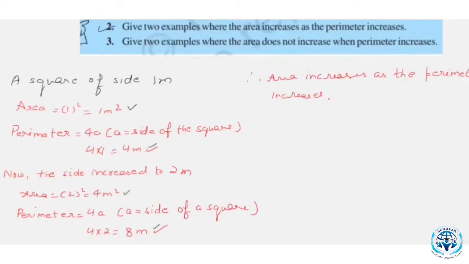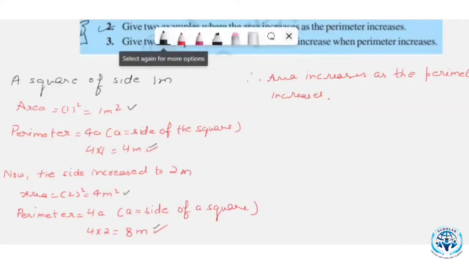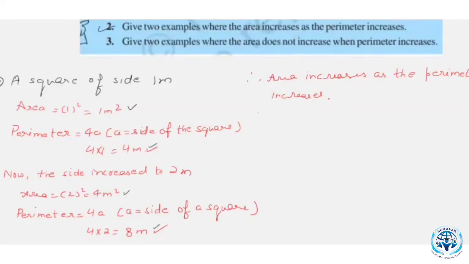Now move on to the second example. We can take the area of any shape, rectangle, triangle, square. In the second example, I am taking the shape rectangle. The rectangle of length 6 meter and breadth 3 meter.